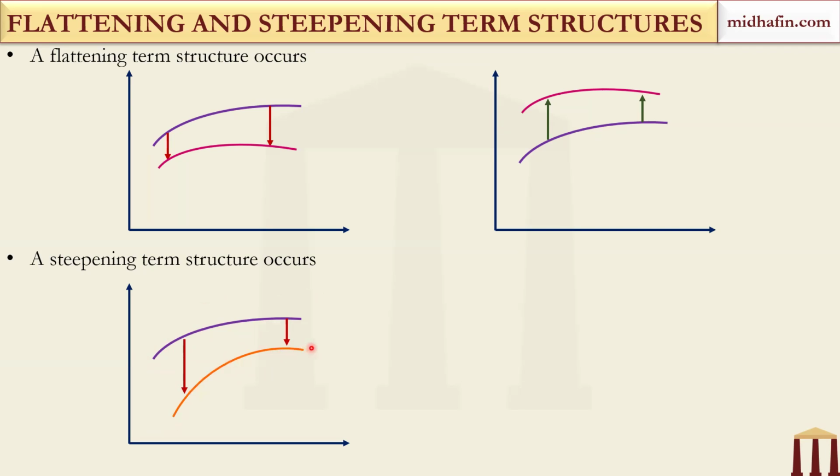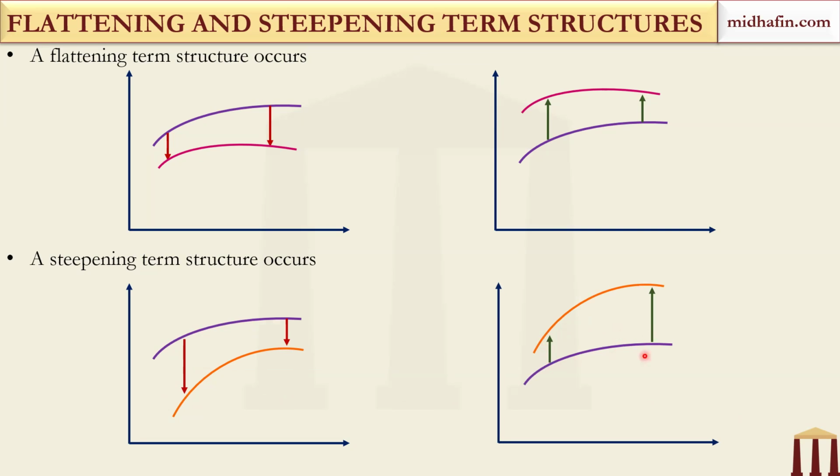The new curve, the orange curve, is actually steeper than the previous one. Although it is lower, I'm just talking about the steepness of the curve. That's what we say when we talk about flattening and steepening. Finally, you can also have steepening when rates increase: if short-term rates increase by, let's say, 10 basis points, but long-term rates increase by 20 basis points, again you will see the steepening of the interest rate curve.